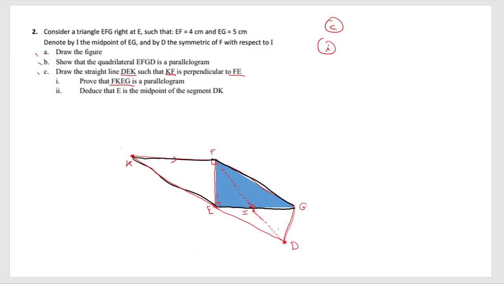So we have KF perpendicular على FE و EG كمان perpendicular على FE. شو صار؟ صار ال KF parallel لل EG. اوكي؟ KF parallel لل EG.